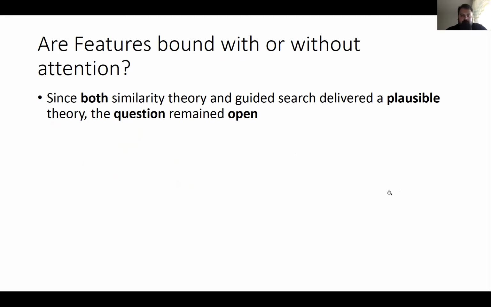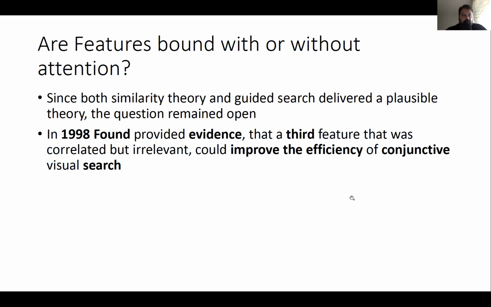Since both similarity theory and guided search delivered a plausible theory, the question of whether features are bound with or without attention remained open. Until 1998, when Found provided evidence that a third feature that was correlated but irrelevant could improve the efficiency of conjunctive visual search.